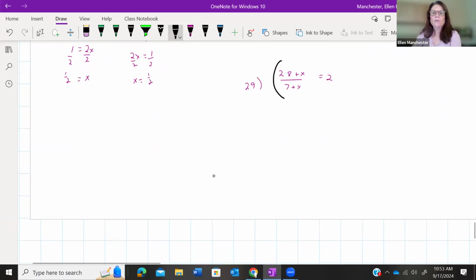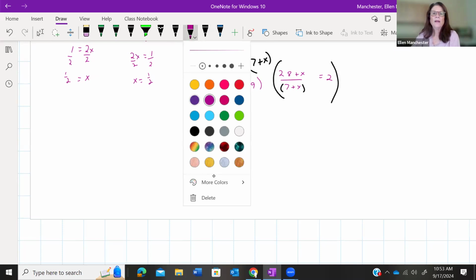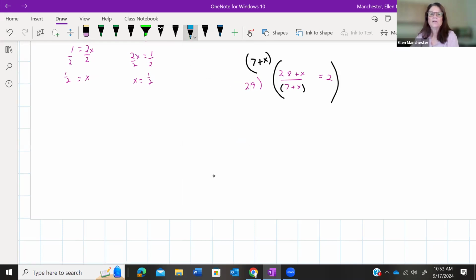So I'm going to multiply this whole thing, remember, these are in parentheses, by 7 plus x. So watch what happens. When I multiply the whole thing by 7 plus x, 7 plus x goes into 7 plus x one time. So that's that reducing first.